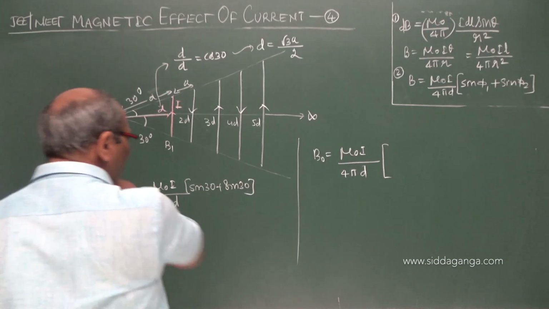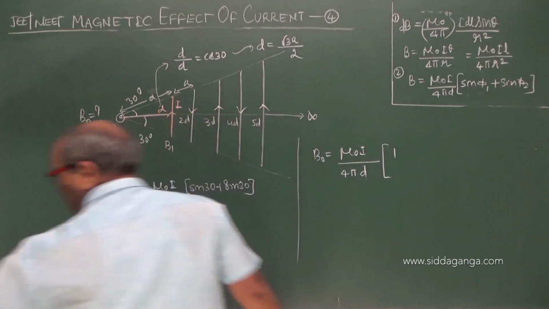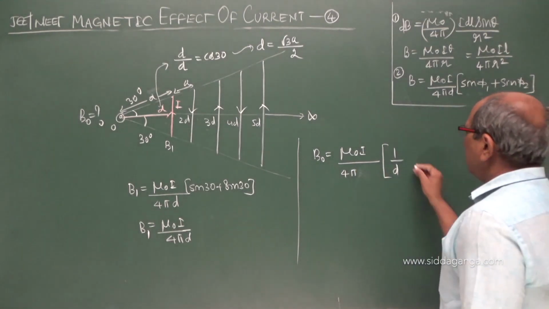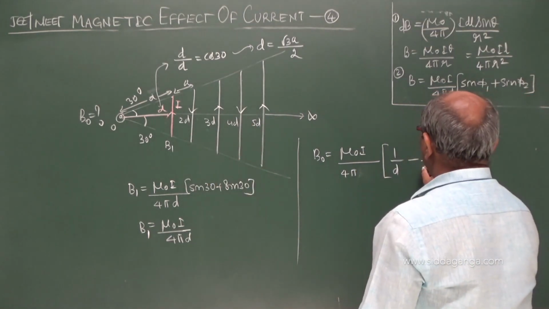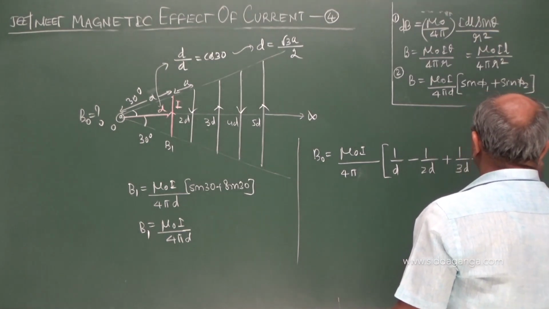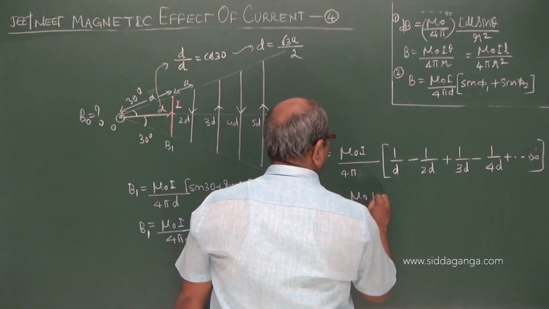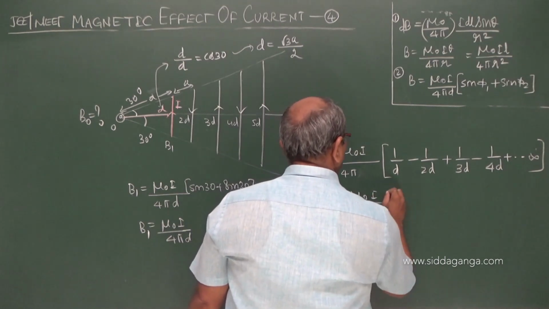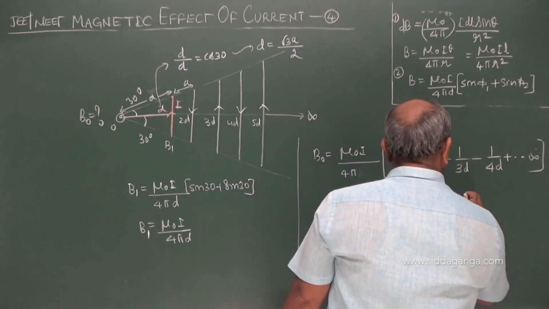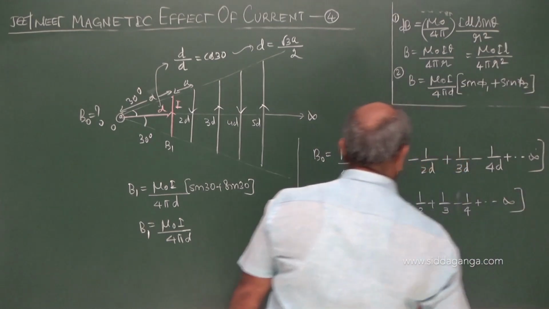For the first one we got 1 by 4 pi D, that plus another, minus 1 by 2D, plus 1 by 3D, minus 1 by 4D, plus so on to infinity. This becomes mu naught I by 4 pi D into 1 minus 1 by 2 plus 1 by 3 minus 1 by 4, like so running to infinity.